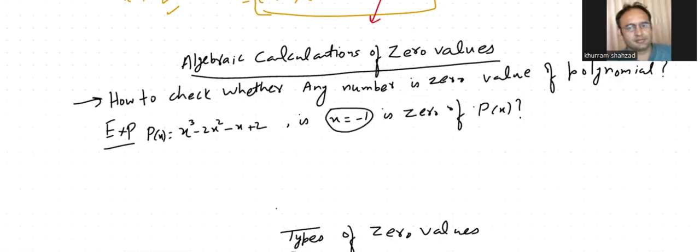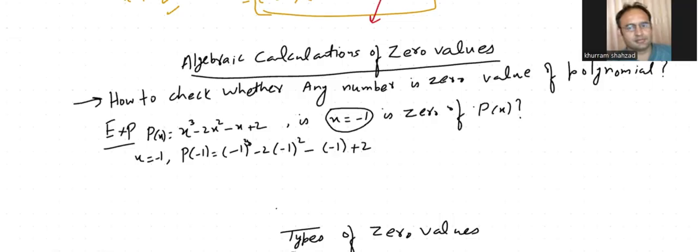What we have to do is substitute x is equal to negative 1 in this polynomial p of x, in place of x. So negative 1 cubed, minus 2 times negative 1 squared, minus negative 1, plus 2.